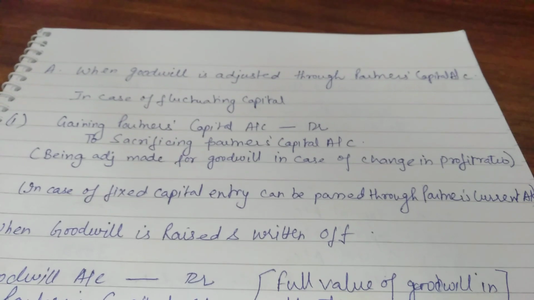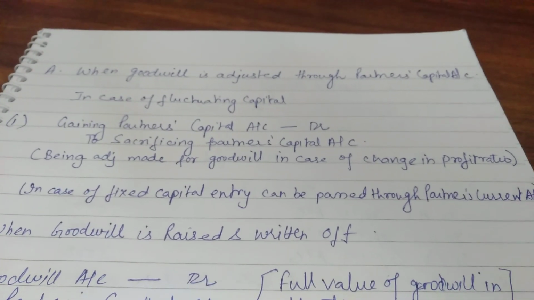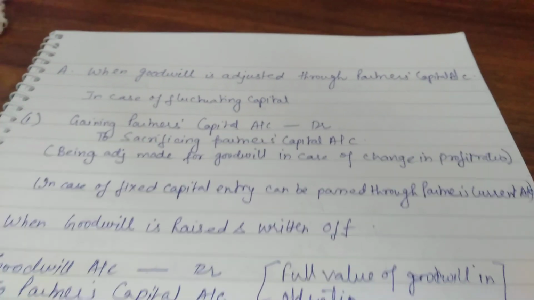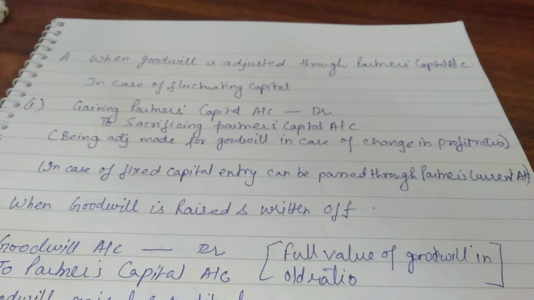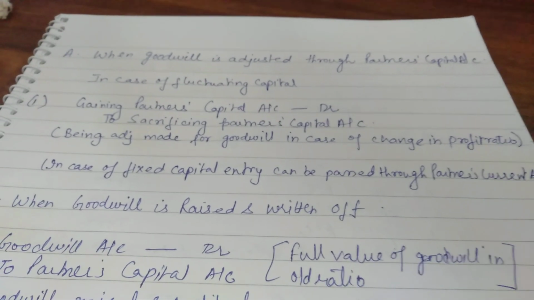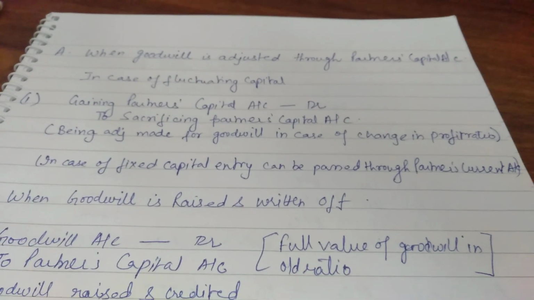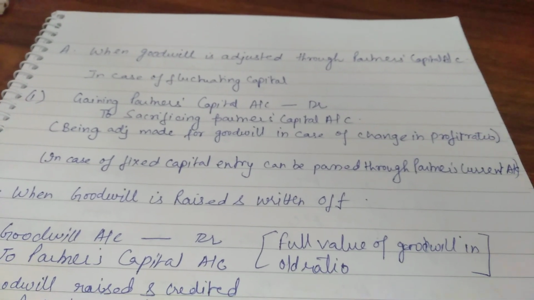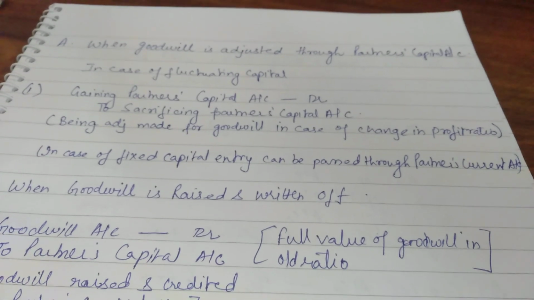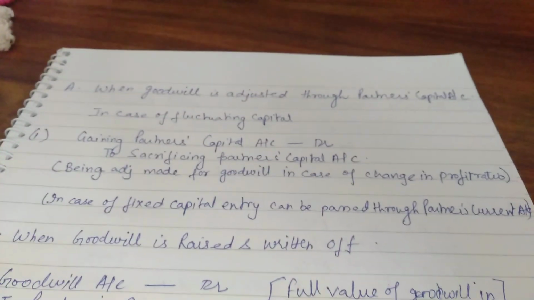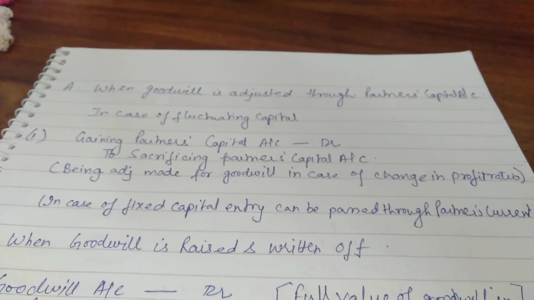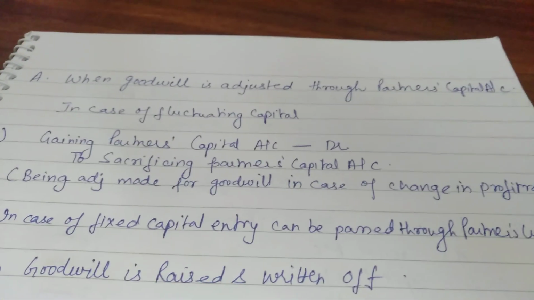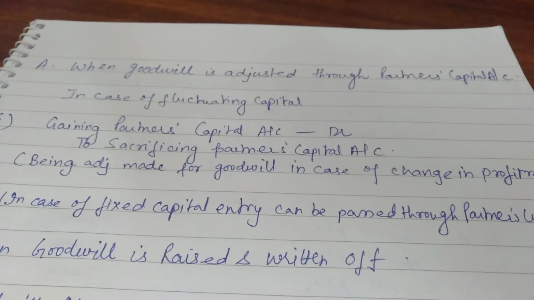After getting the gaining and sacrificing ratio, you will pass a journal entry: gaining partner's capital account debit to sacrificing partner's capital account. In case it is fixed capital, if it is mentioned in the question that capital is fixed, then you will use the word current account in place of capital account. So the first entry is clear to all of you.